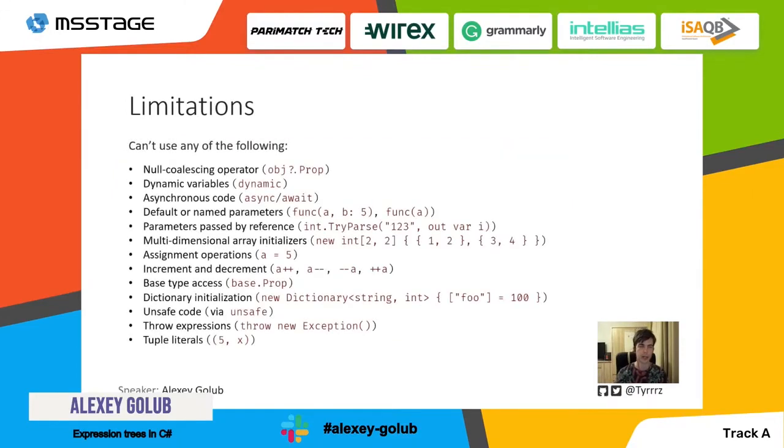There are also other limitations which are based off of the different C# features that are not supported. So stuff like null coalescing operator, the dynamic keyword, async await, named and optional parameters, the out parameters, and all that kind of stuff. All of this is not supported. So whenever you have a delegate that uses something like this, we will just get a compilation error and it won't work.